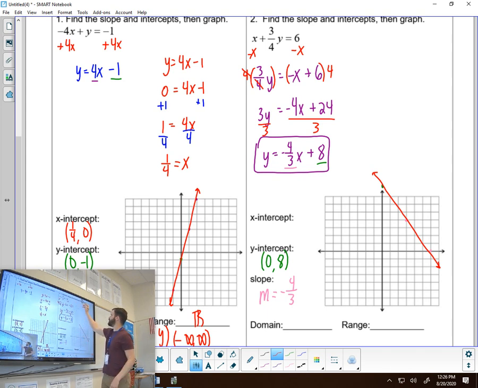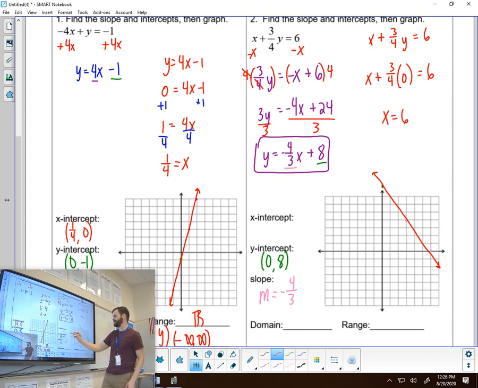My original equation was x plus 3/4 y equals 6. But instead of having a y there, we're going to put a 0 there. So x plus 3/4 times 0 equals 6. Well, anything times 0 is 0, even a fraction. So 3/4 times 0 is 0, so x equals 6. My x-intercept is going to be (6, 0).